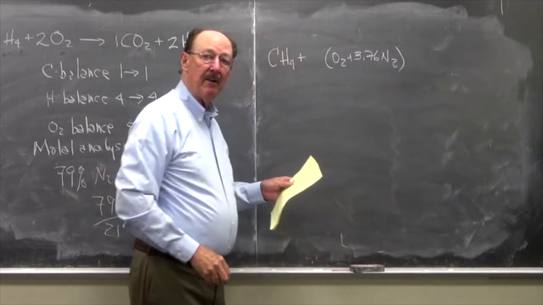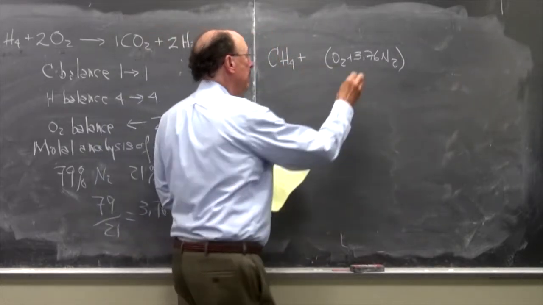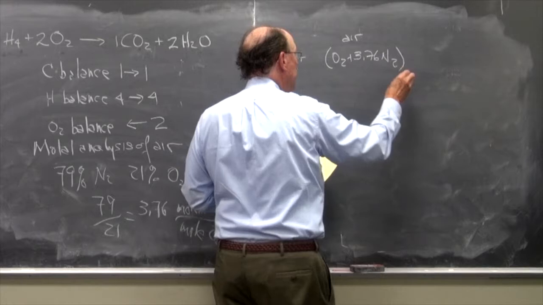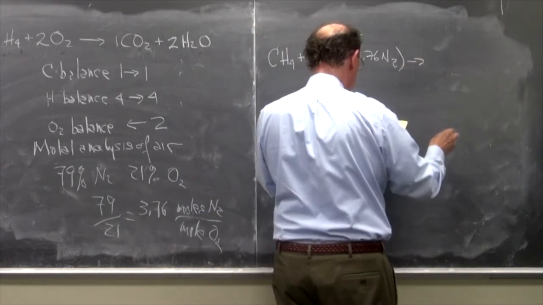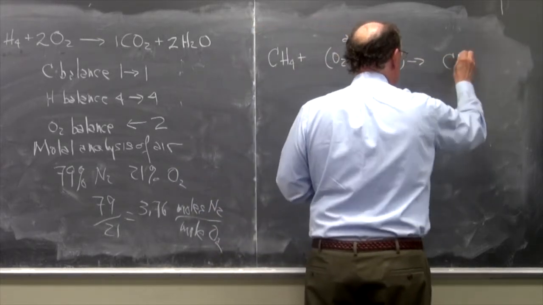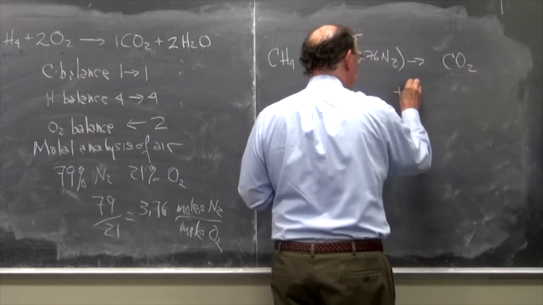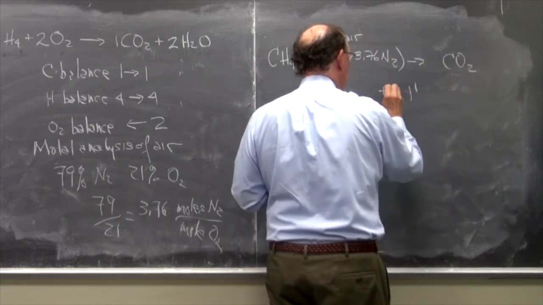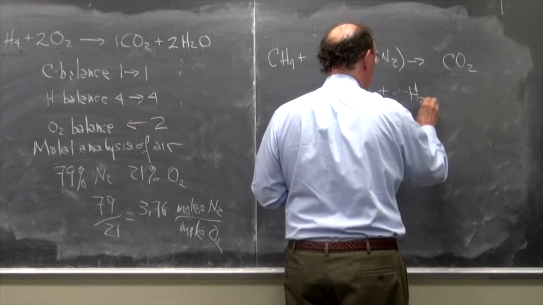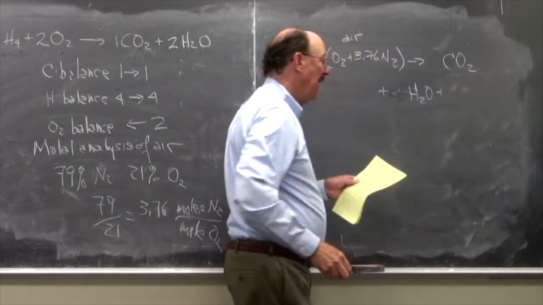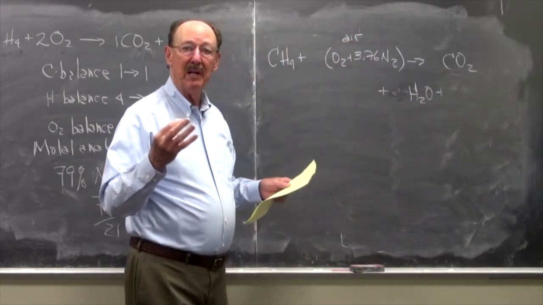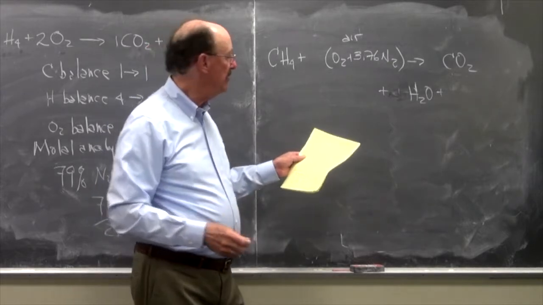That's the air. And this is going to yield CO2 plus H2O, plus, I know I'm going to have some N2 left over because it doesn't enter into the combustion.